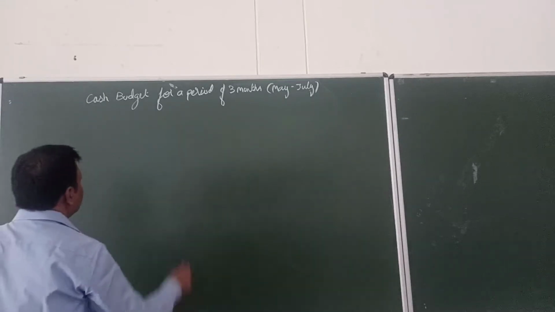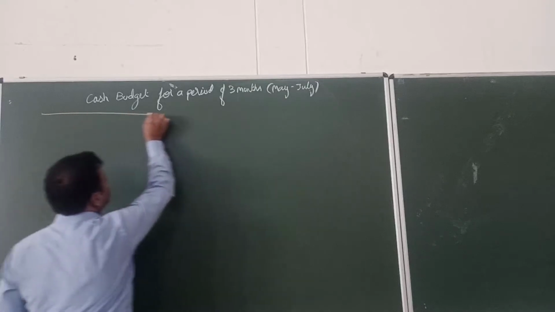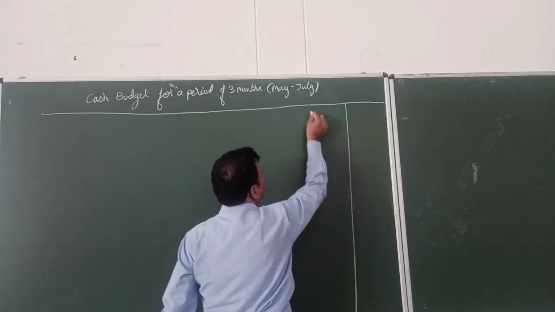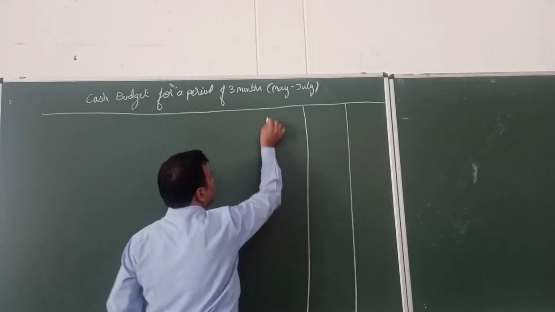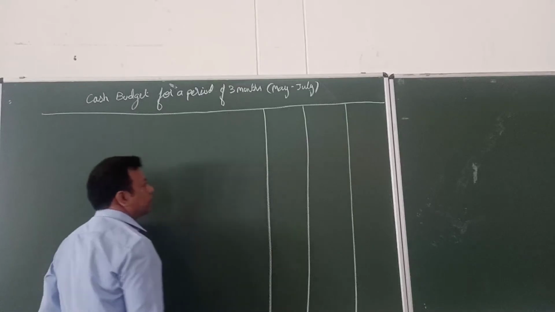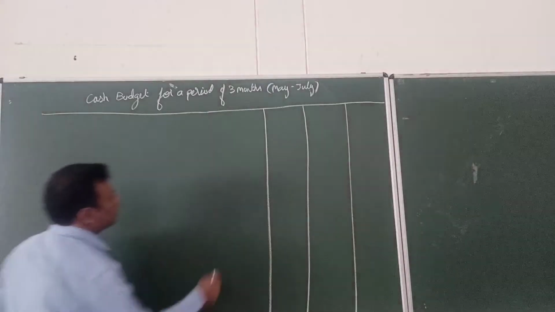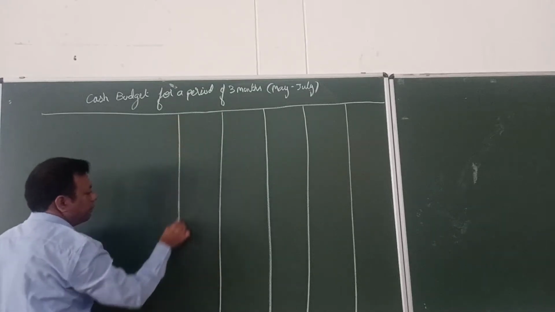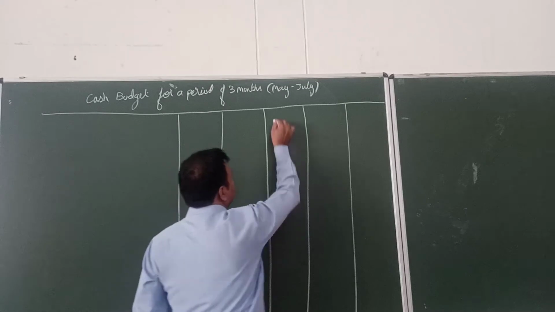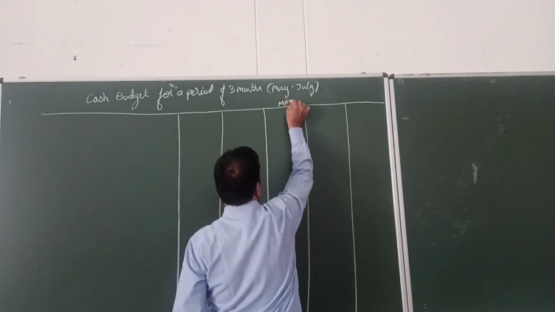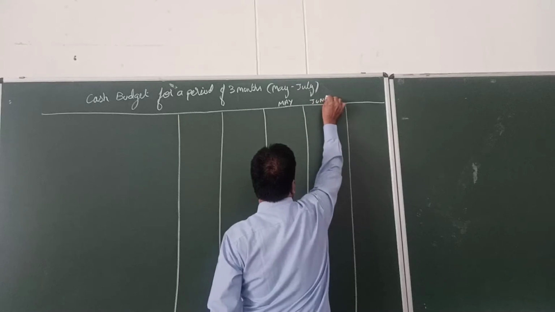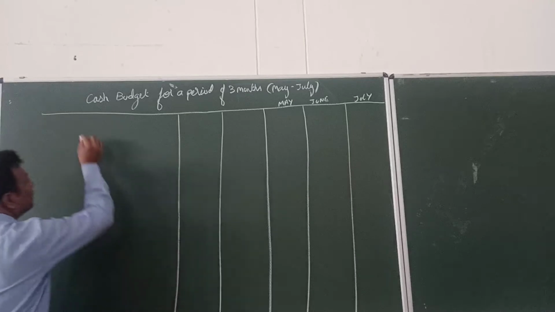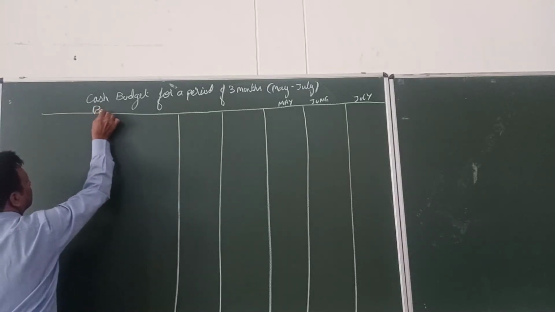Now, as usual, we have to take our columns. July, June, and we take May. Supporting data also we will take, and 1 or 2 months extra for calculation purposes, but we will not write anything here. So I write here May, June, July, and here we have particulars.